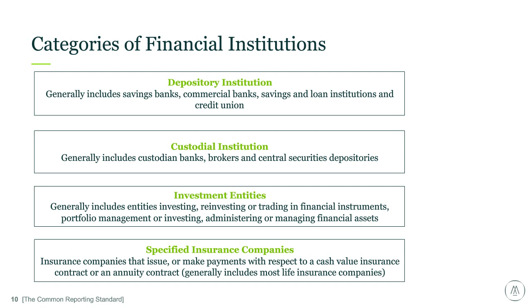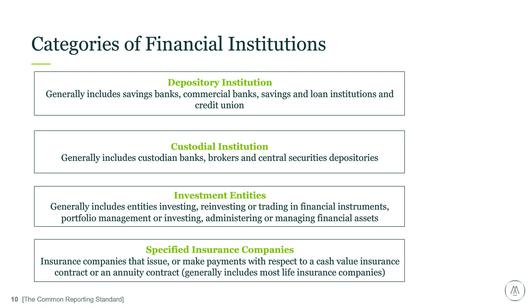So where those will differ can be in a lot of different categories. It can be in terms of the categories of what the OECD considers a financial institution compared to, for example, what the Cayman Islands considers a financial institution. A lot of times those local CRS regulations will be more granular.